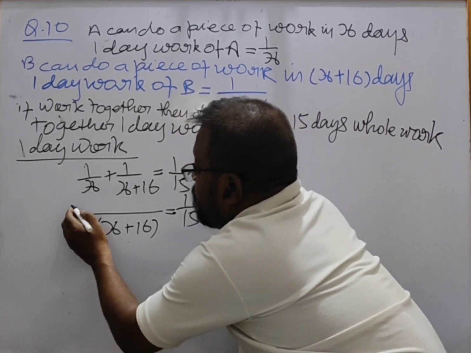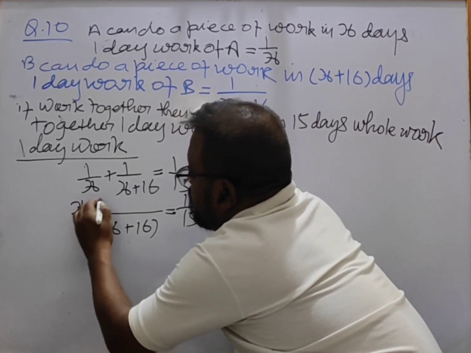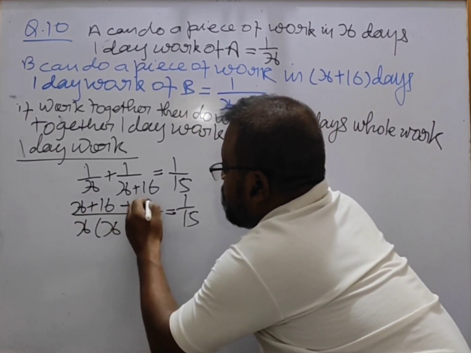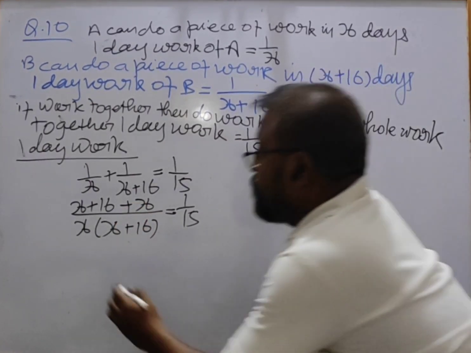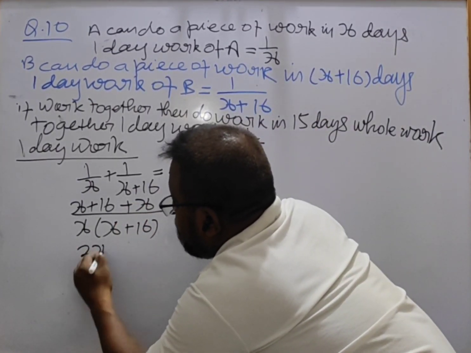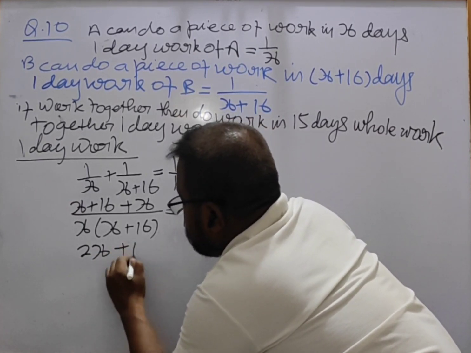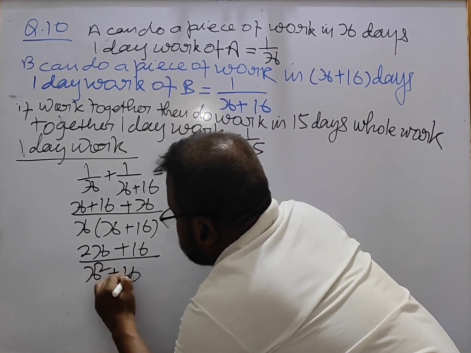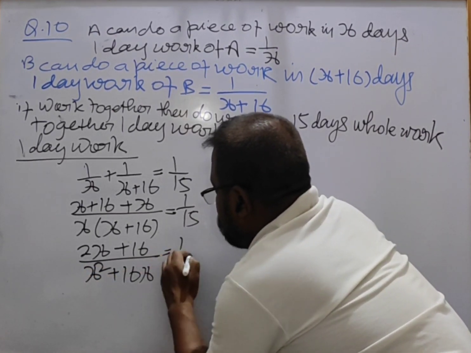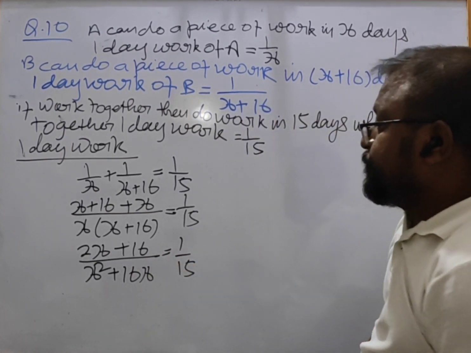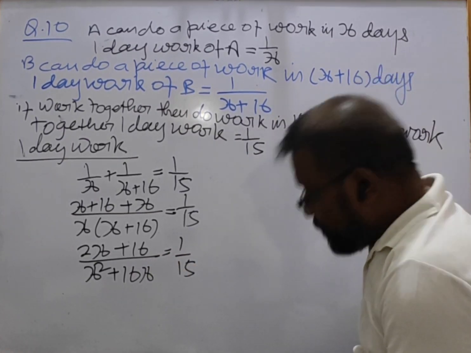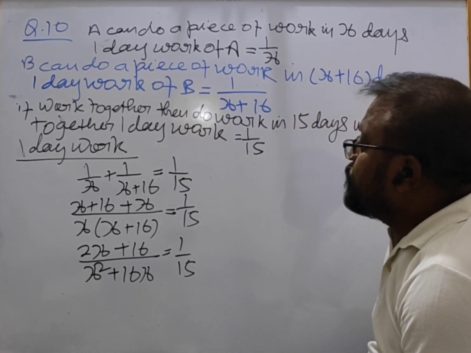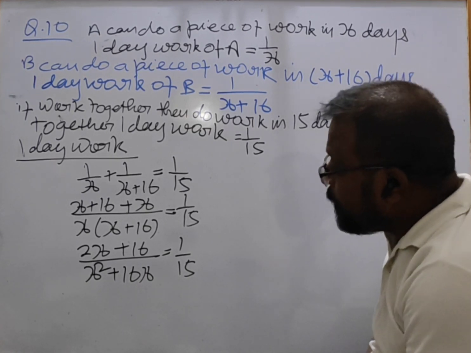So you get x plus 16 plus x, so you get 2x plus 16 upon x squared plus 16x is equal to 1 upon 15. Am I correct?